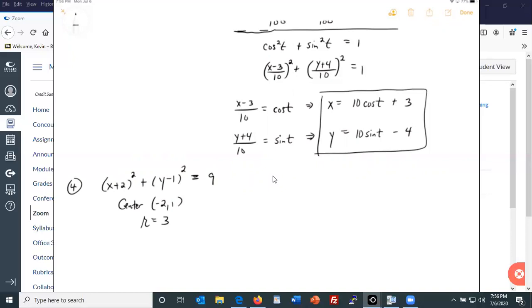And then, could you tell me what the parametric equations are without doing any of the work that I did above? Maybe you notice from problems 1, 2, and 3, there's a little bit of a pattern with these answers: the radius and the center are in those answers.